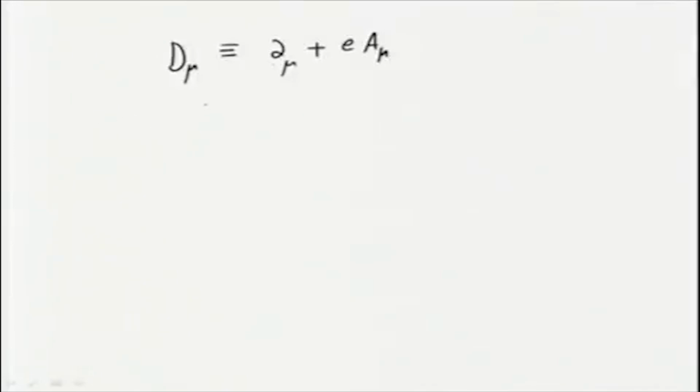And now, what happens to d mu psi? So, d mu psi will go to d mu psi prime, which is equal to d mu, or let me expand the d mu, dou mu plus e a mu acting on e power i alpha psi.